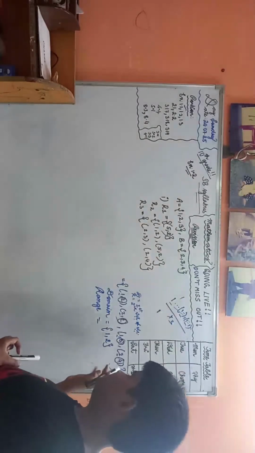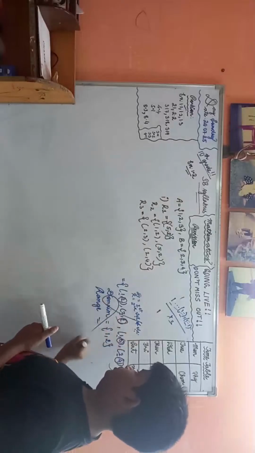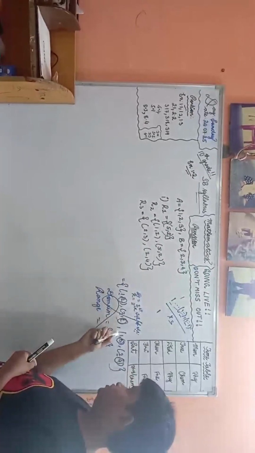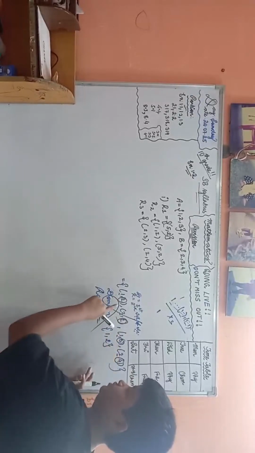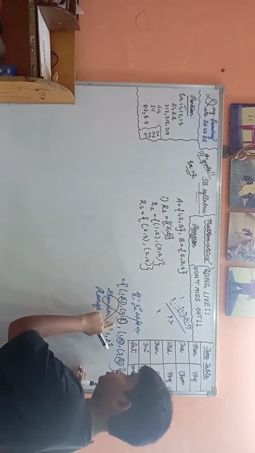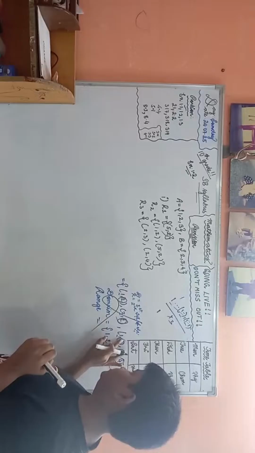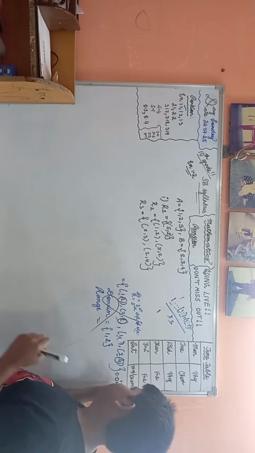So this set is technically wrong. OMG, you have sent a wrong set. Look, each of these overlap: 1, 1, 2, 2. But look at this: 1, 2, 2. How did 3 come? The possibility of this happening is almost zero.